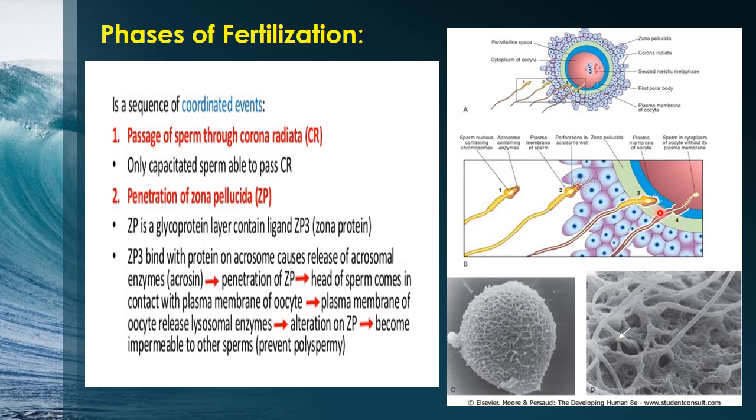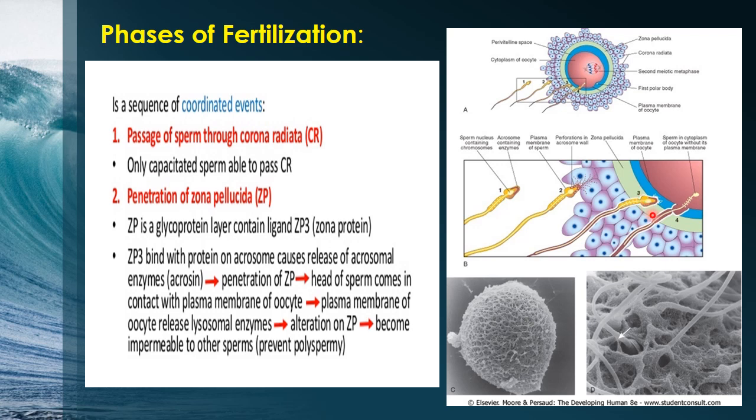So once it reaches the zona pellucida layer, it comes in contact with it. The zona pellucida layer is a thick glycoprotein layer made up of zona proteins, and these ZP3 proteins come in contact with the proteins of the acrosomal head. Then there is also the release of the enzyme from the acrosome, particularly the acrosin enzyme.